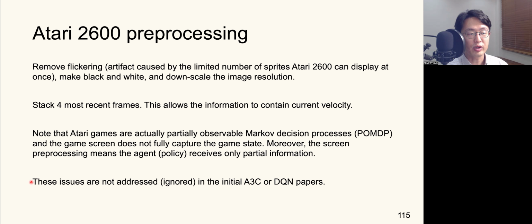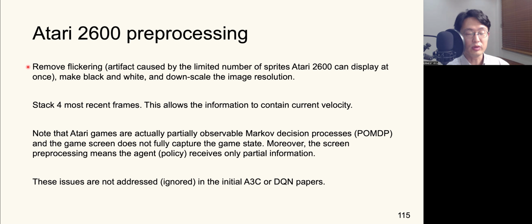There's some standard pre-processing that is done for these RL agents. One issue that exists in these old video games is called flickering. Flickering is where some element within the screen appears and then disappears and appears again at a rapid frequency. This is an artifact caused by the limited number of sprites in the Atari 2600 that can be displayed at once. If there are multiple things that you need to display, you flicker and alternate their displays.